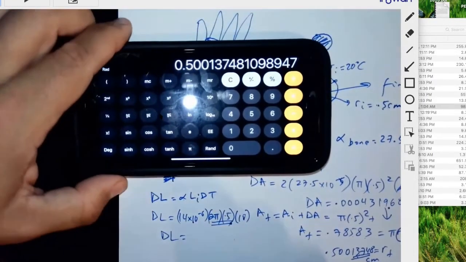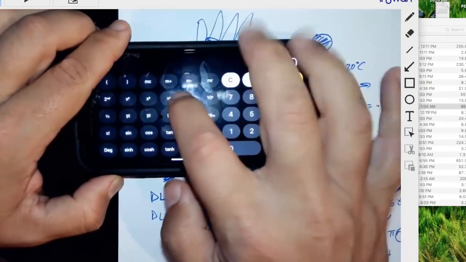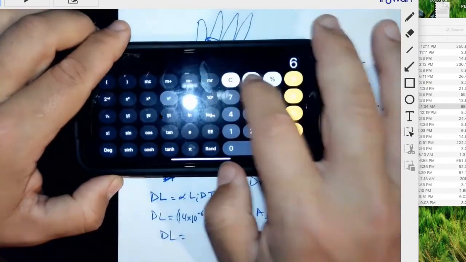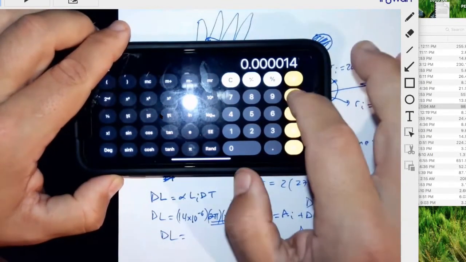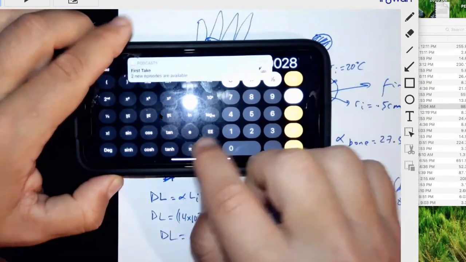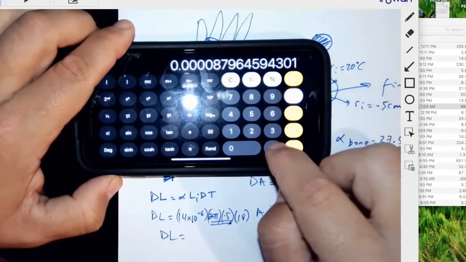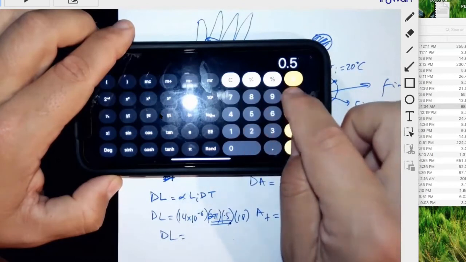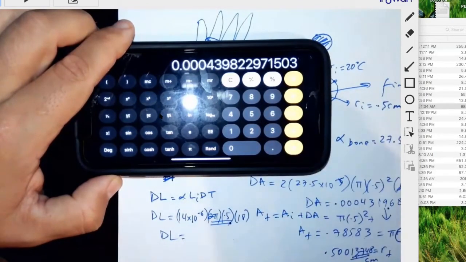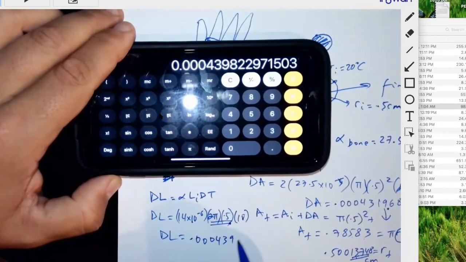14 times 10 to the power of minus 6 times 2 times pi times 0.5 times 10. So delta L is 0.000398.